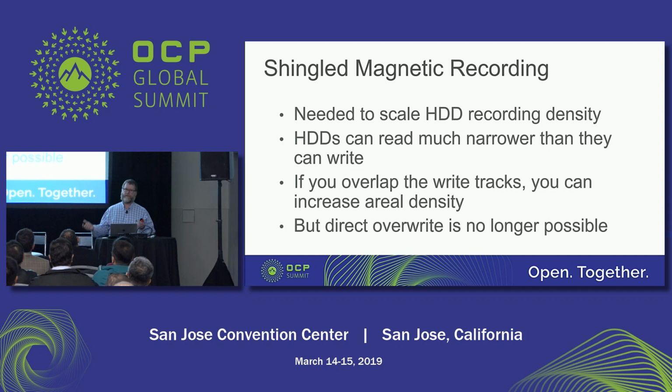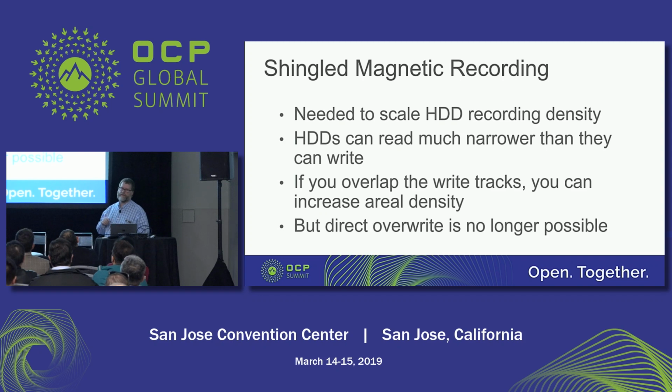Well, today, it's the way the physics works. The hard drive guys can tell you about this better than I can, but you have the ability to write at a given pitch, but you can actually read at a much narrower pitch. And so if you do some tricks, and they're actually very difficult tricks, you can start to overlap these tracks and make that areal density go up.